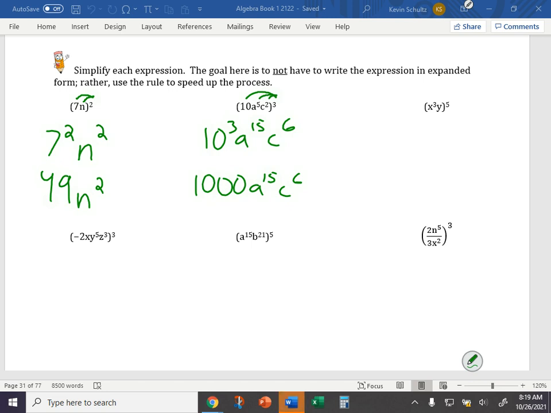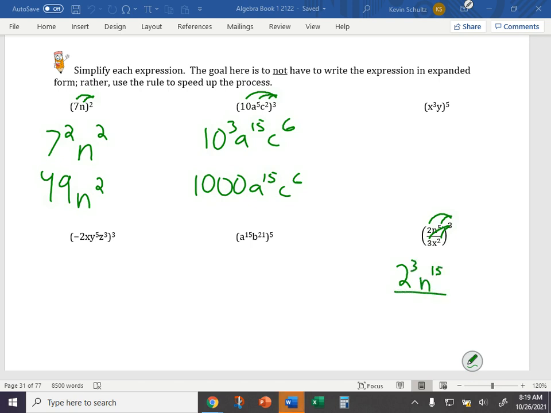Any on the backside that you want to talk about? Let's do this one here. Basically, like I said, everything inside of the parentheses gets that exponent on the outside. So this 3 would go to the 2, it would go to the n, it would go to the 3, it would go to the x. Every coefficient, every base. That would give us in our numerator 2 cubed n to the 15th.